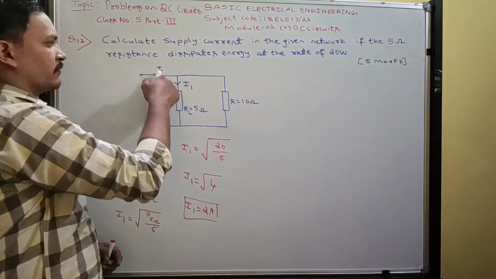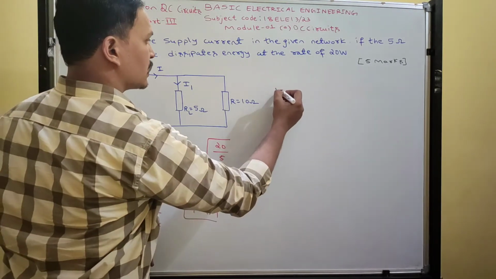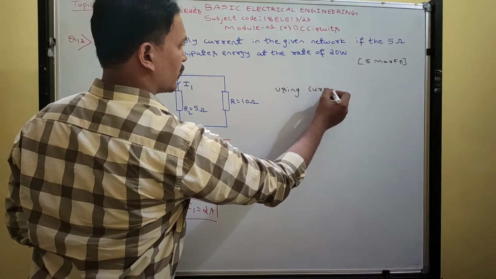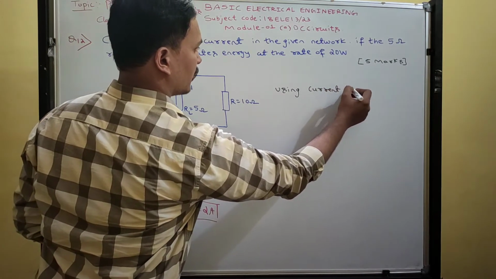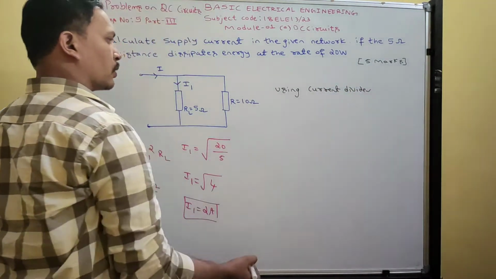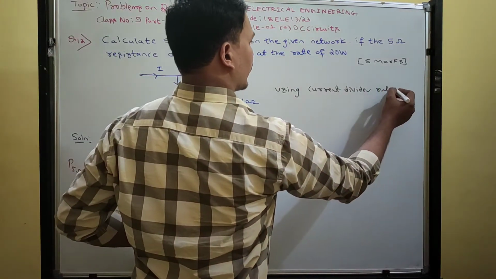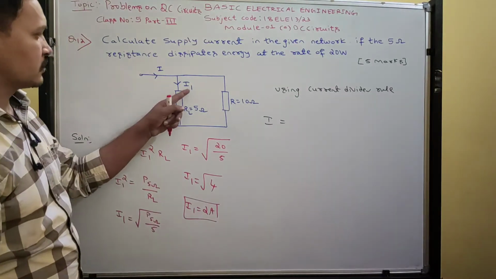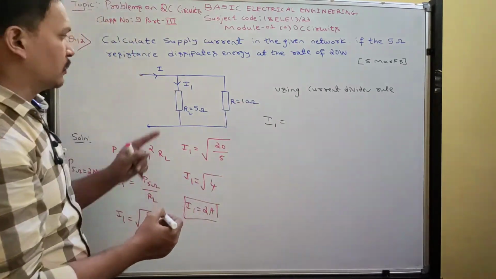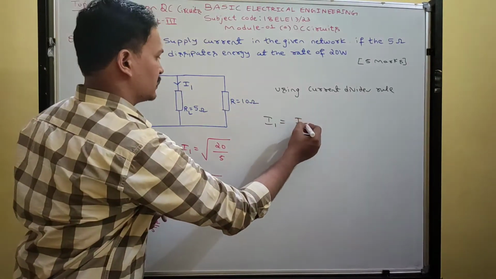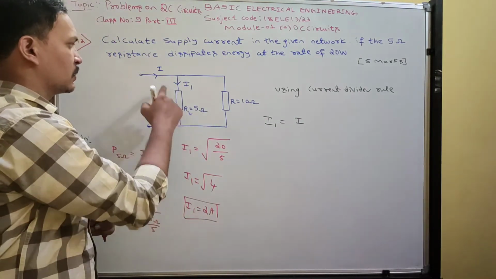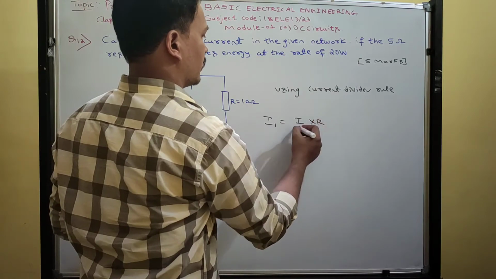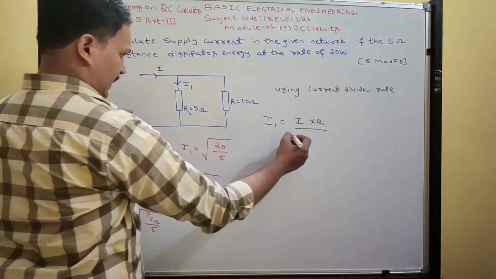But now I need to find the supply current using the current divider rule. Using the current divider rule, the branch current I1 is equal to supply current into the opposite resistance R divided by R plus RL.